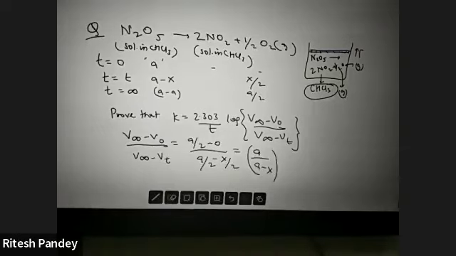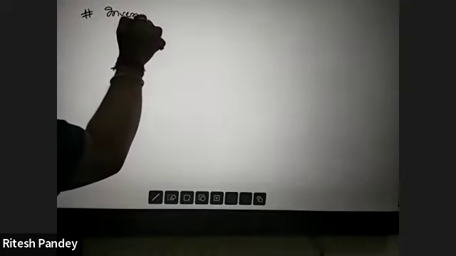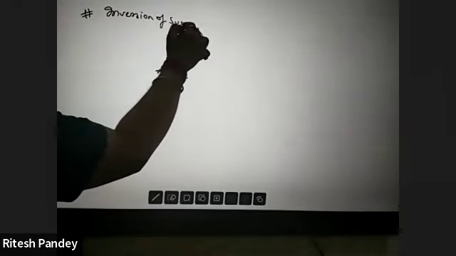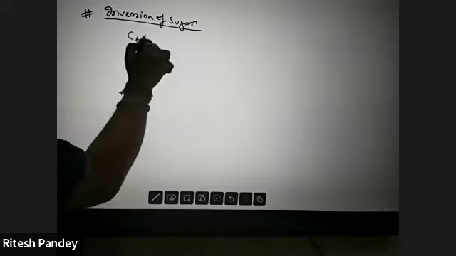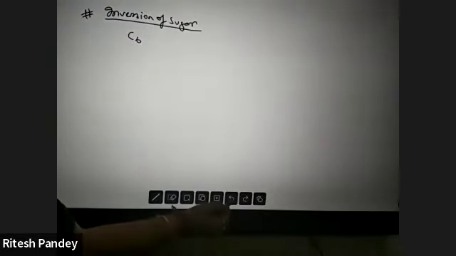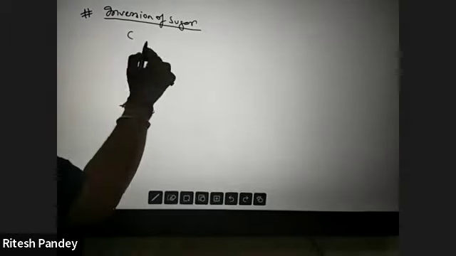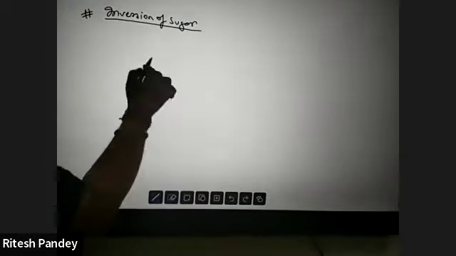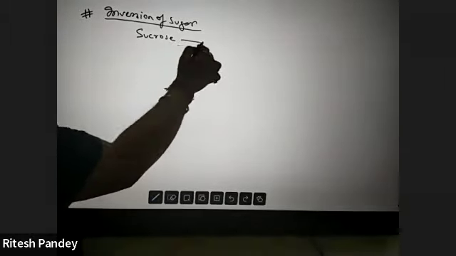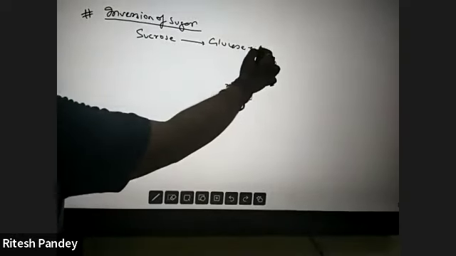I've spoken a bit about this. This situation is the inversion of sugar, about C12H22O11. Instead of writing the formula, let me write sucrose becoming glucose plus fructose.